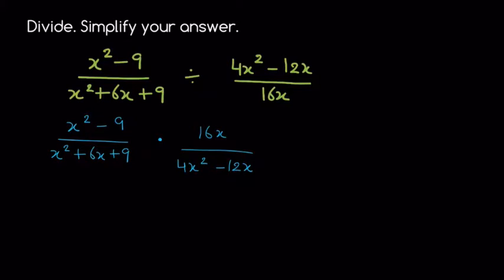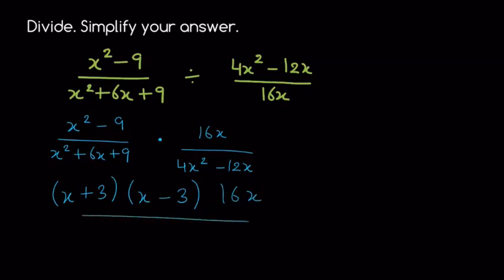For the first one, x squared minus 9, those are perfect squares, so we can write them as x plus 3 and x minus 3. Joining it with the other rational expression numerator, which is 16x, over x squared plus 6x plus 9.